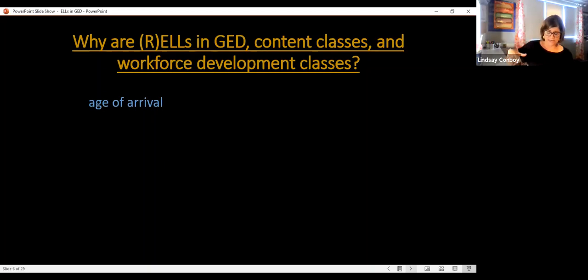Even though many states have extended graduation ages, Maryland is 21, immigrants in their late teens or early 20s opt not to attend high school and go on to community college or other community-based language programs so that they can develop their proficiency.